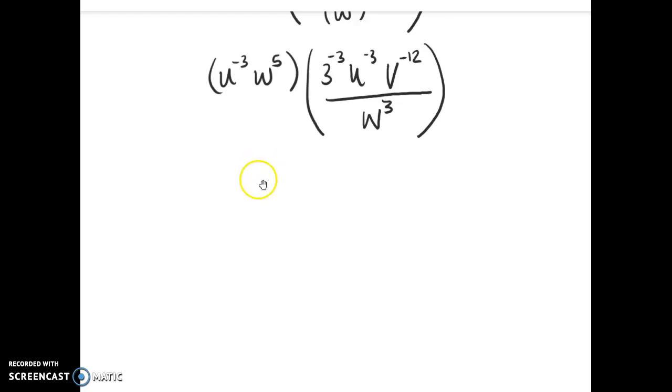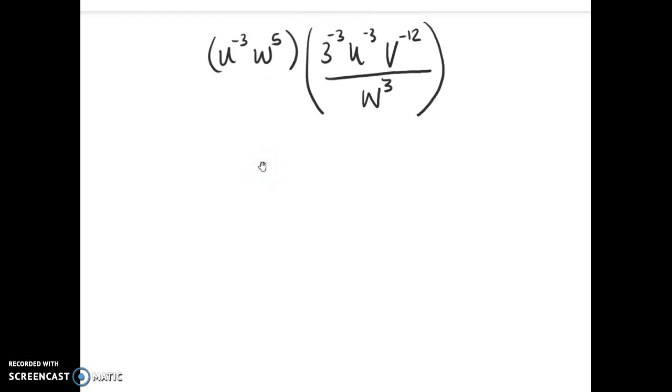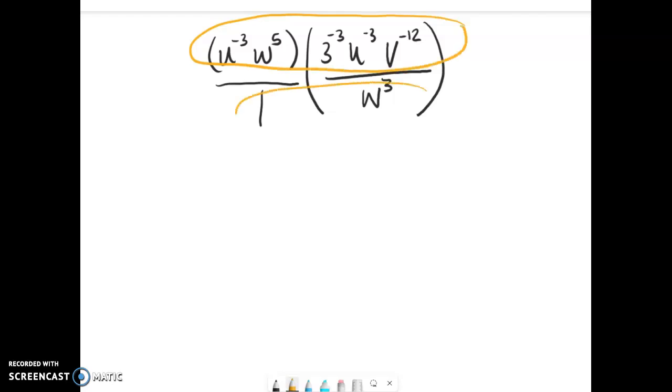Now I'm going to see what I can combine. We're multiplying these two items together, so think of it as if it was over 1, and you multiply the numerators together and you multiply the denominators together.